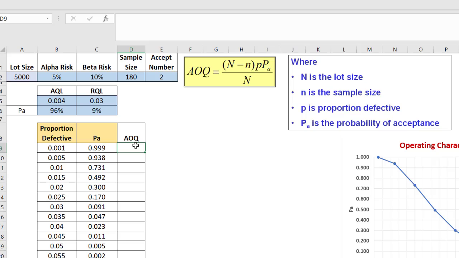So I enter the formula for AOQ equal to, into bracket, lot size minus sample size, multiplied by proportion defective, multiplied by probability of acceptance, and divided by lot size.